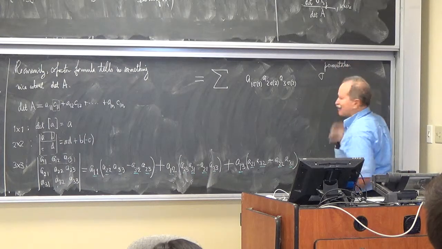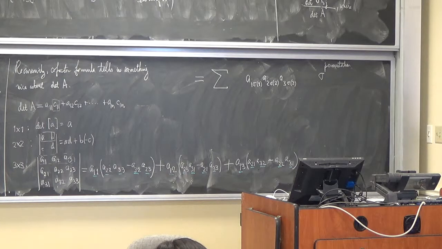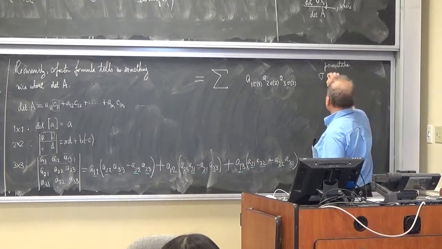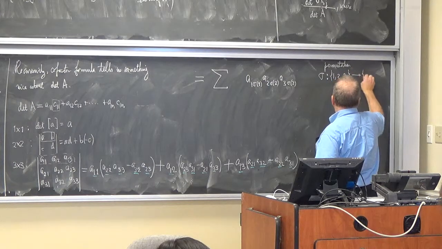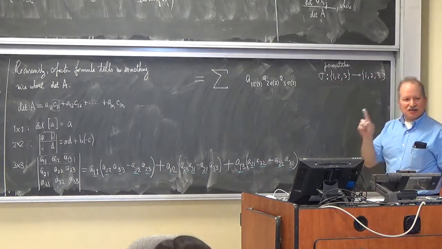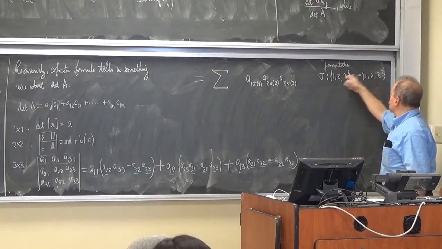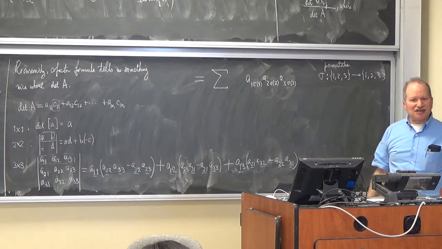Haley's sitting here saying, oh my God, no. This is exactly what they're doing in Math 410 now. Sigma is a one-to-one map from the set 1, 2, 3 to 1, 2, 3. So you have to take 1 to somebody, 2 to somebody, 3 to somebody in a one-to-one onto fashion. That's what a permutation is.